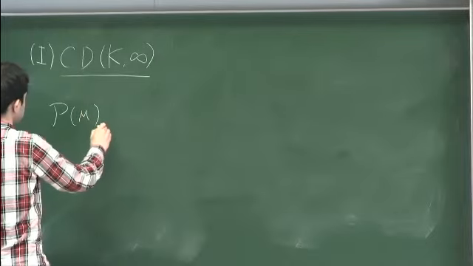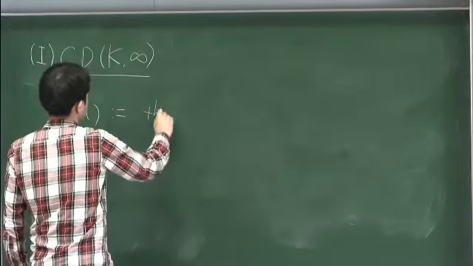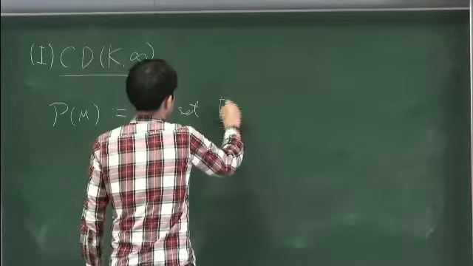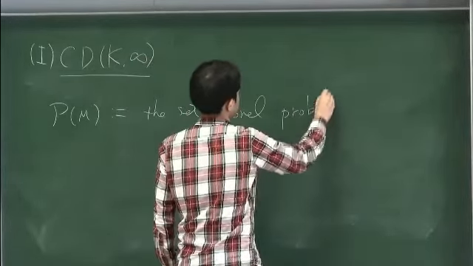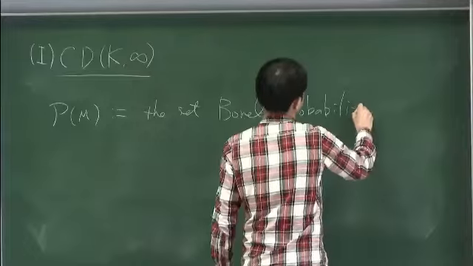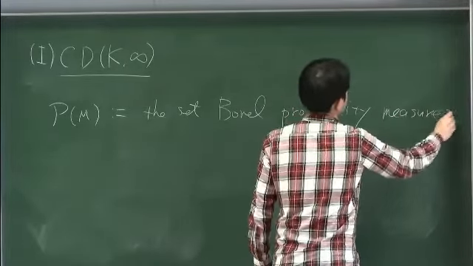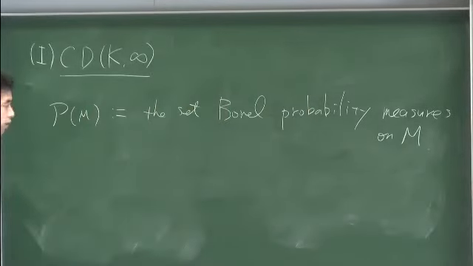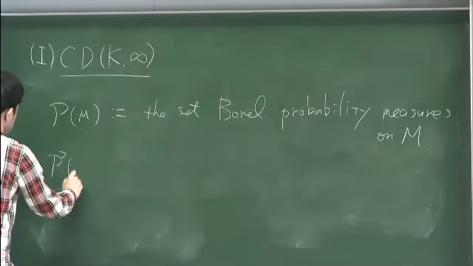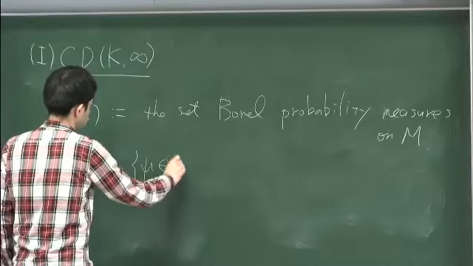By PM we mean the set of probability measures on M. And by P2 we mean the subset with finite second moment.